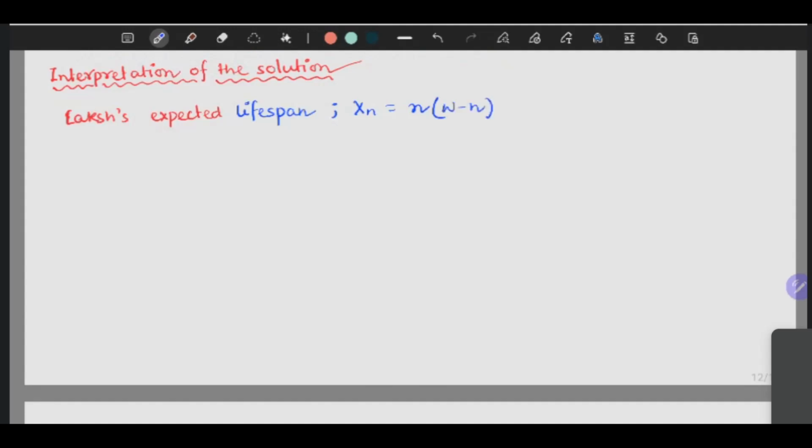So that is, actually, the product of the distances to the two edges, right? So let's say this is 0, this is W, and he starts from here. So from this edge the distance is n, and from this edge the distance is W minus n. So this is the product of the two distances.